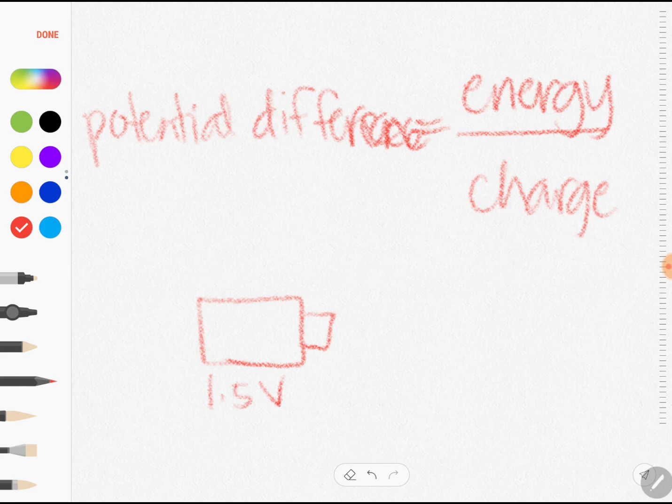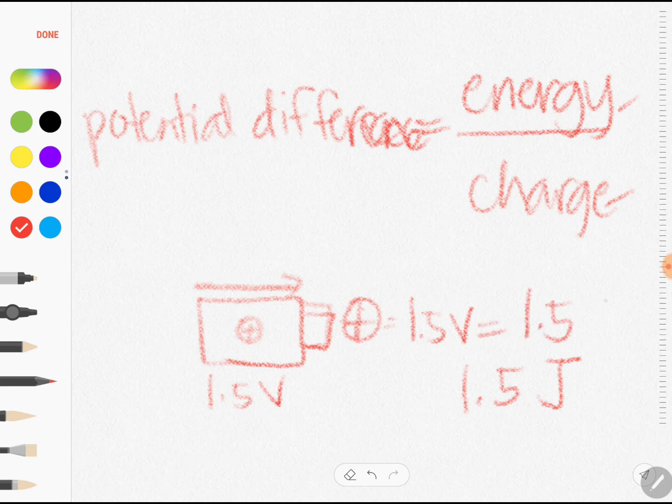The battery is doing work on the positive charge in moving it from the negative terminal to the positive terminal, such that when it reaches this part, the charge has already gained 1.5 volts. That means this single charge has already gained 1.5 joules. So that's what we mean by potential difference: the amount of energy that a single charge carries, or 1.5 volts is the same as 1.5 joules per coulomb.